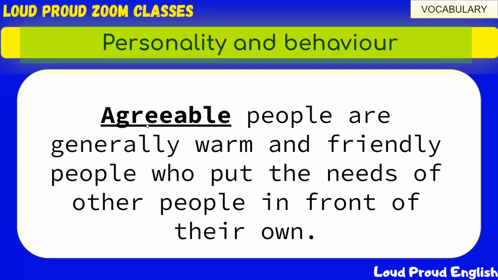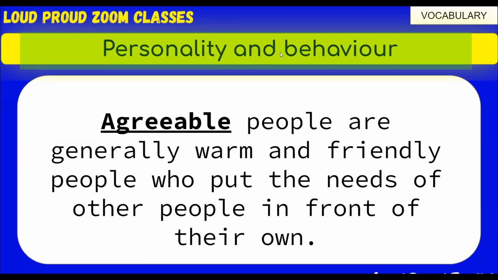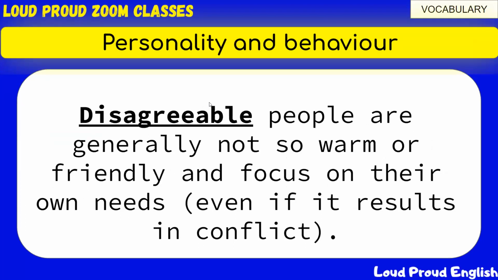Well, agreeable people, they're generally warm and friendly, kind of people who are really more worried about how other people feel. They want other people to feel comfortable. They're less worried about themselves usually. But disagreeable, they're the opposite.